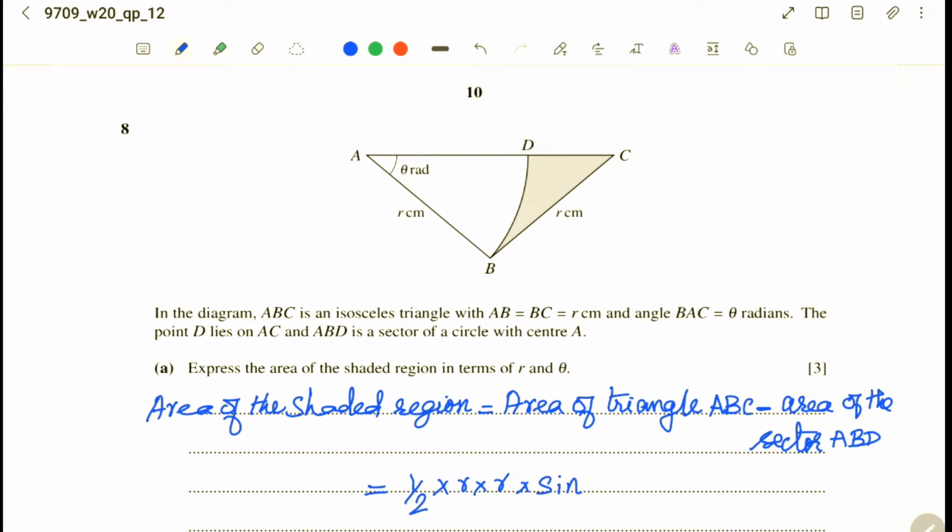We need this angle because this is an isosceles triangle. This angle is also theta.